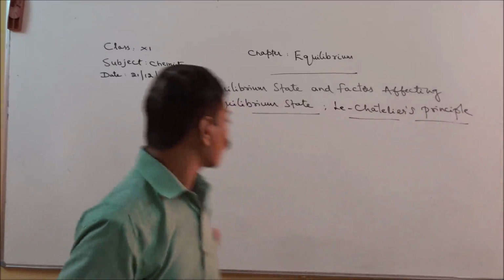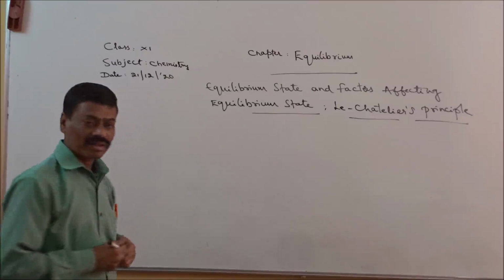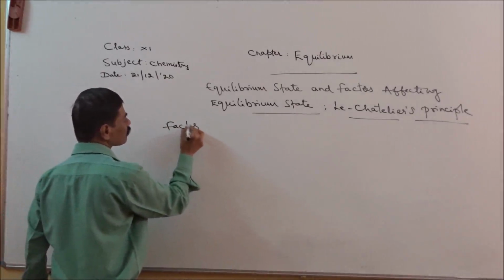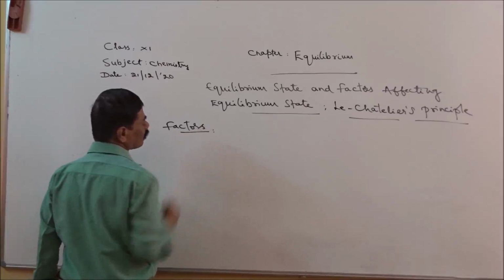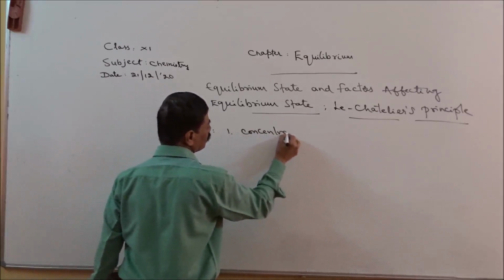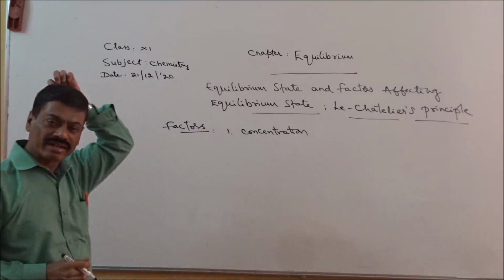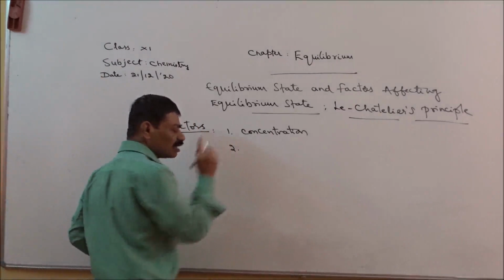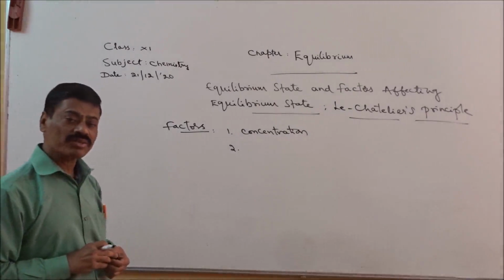And now let us see the factors which affect the equilibrium state of a reversible reaction. Those factors are like this. They are: number 1, concentration. Here concentration refers to those of reactants or the products or both. Here we are discussing the effect of different factors over the equilibrium state.